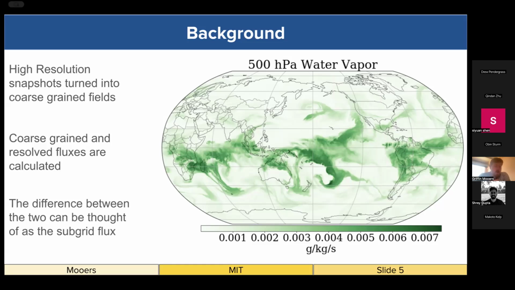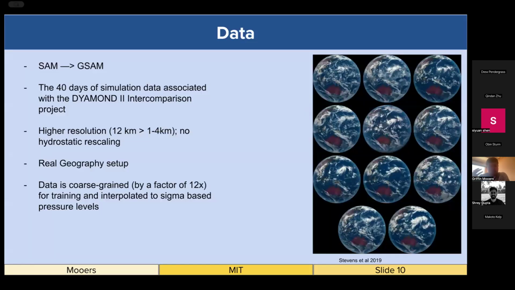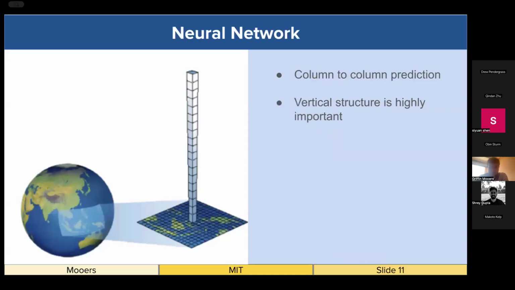Basically, what we have here is a fairly high volume training data set for this offline neural network. And we can take this and do this column to column prediction.